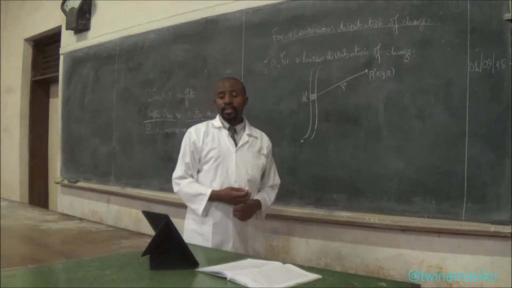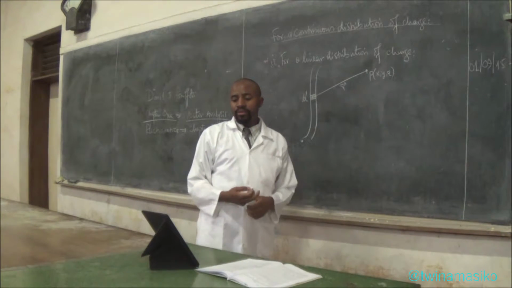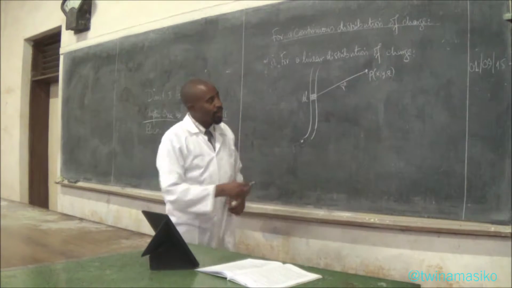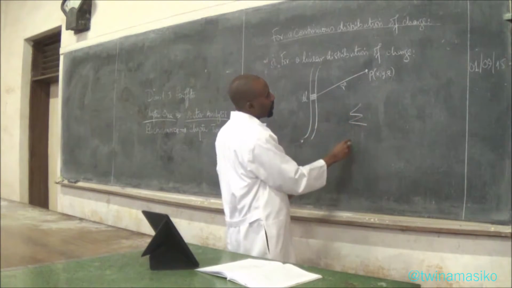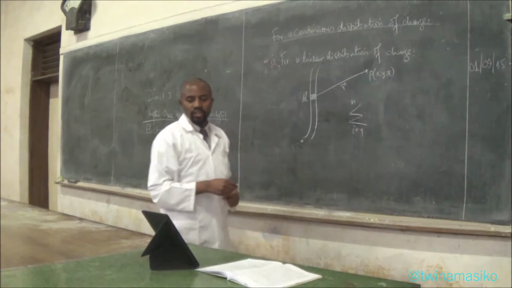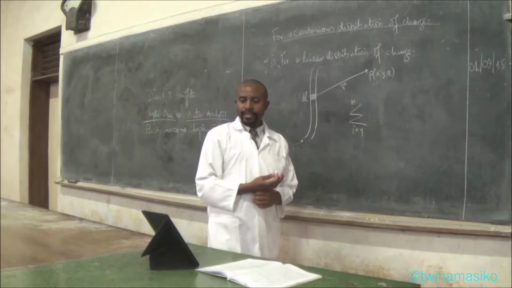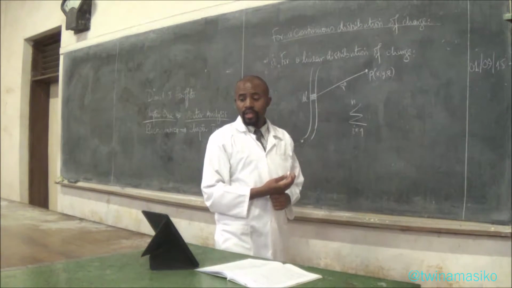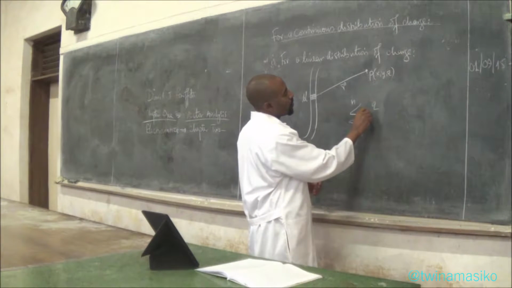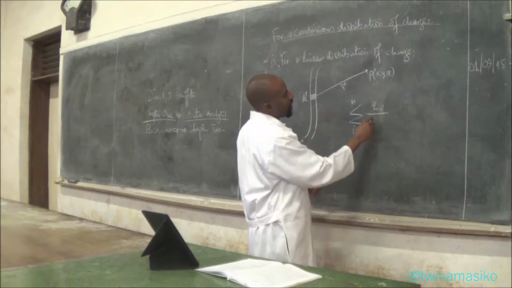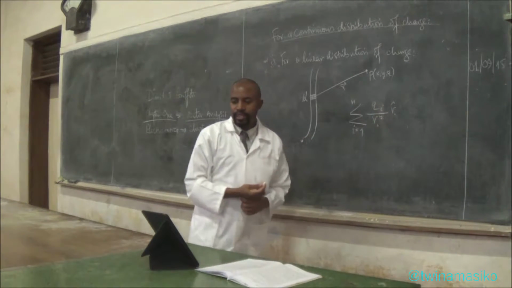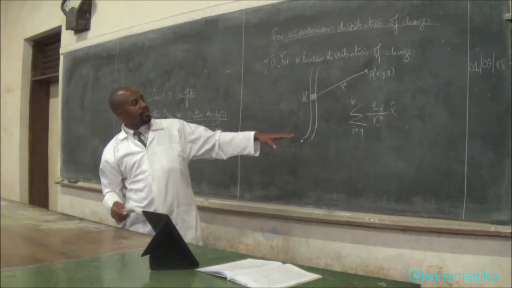we can do a little bit of things, compared to when we summed from i equals 1 up to n of the charges in order to look for the force. Remember, we summed all this, adding q_i over r_i squared, r_i hat.